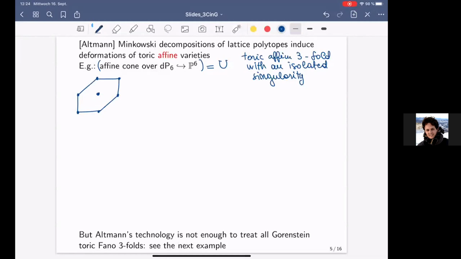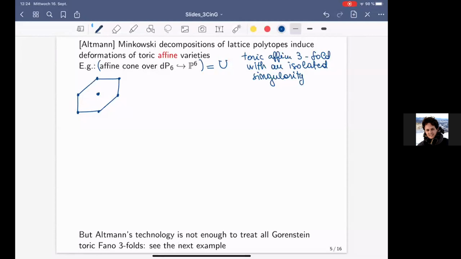So you consider this lattice hexagon, which is a polygon. Then this is inside the Z2 lattice of rank 2. Then you place this lattice at height 1 in a 3-dimensional lattice, and there is the origin below the hexagon, and then you create the cone over that. And then U is the toric variety associated to this cone.